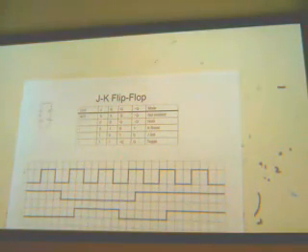What's the state for the mode? Toggle, right? It's no longer undefined or unknown. While 0, 0 is a no change or a hold, 1, 1 is an automatic toggle. You with me? Okay. Let's go through this.